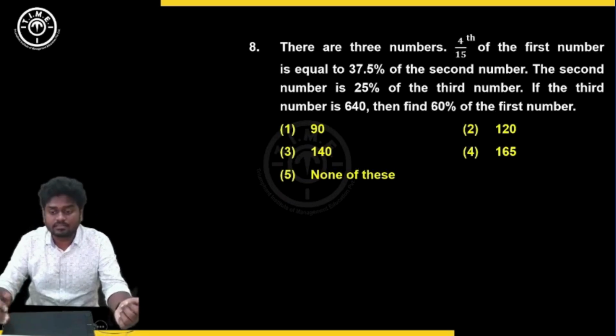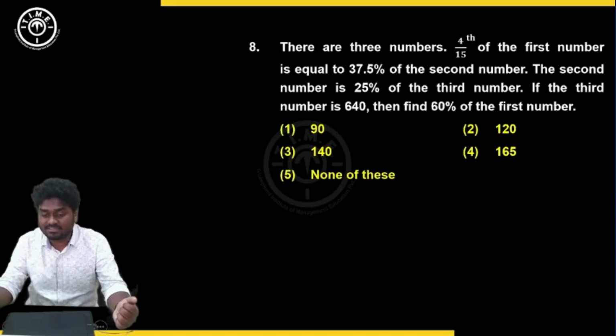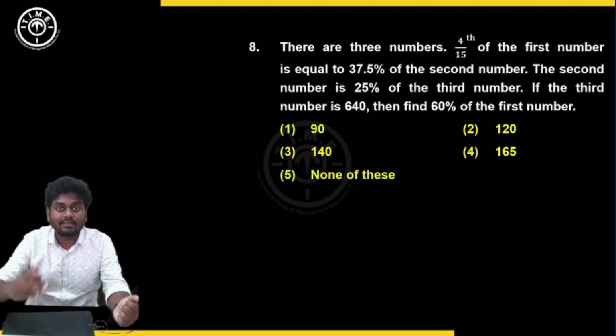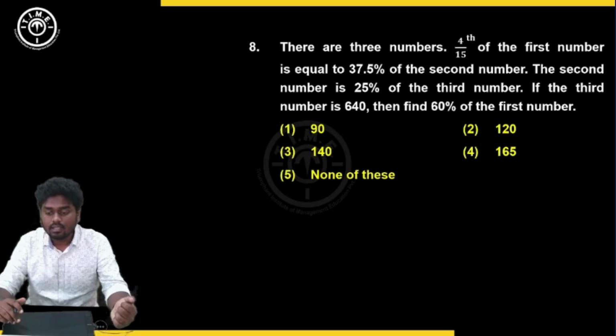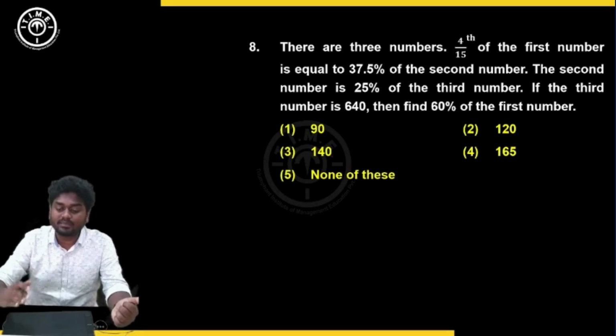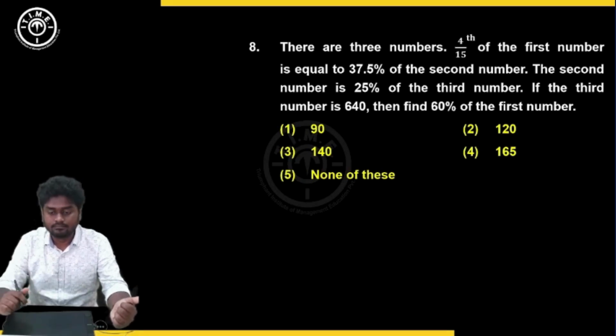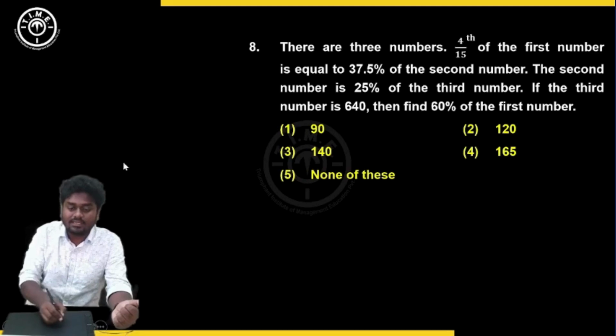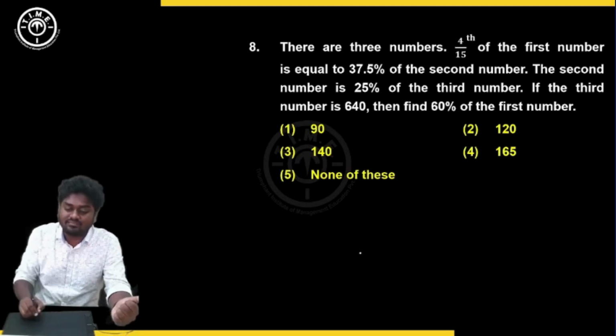There are three numbers. 4 by 15th of the first number is equal to 37.5% of the second number. The second number is 25% of the third number. If the third number is 640, they have given us three numbers, let's say x, y, z.